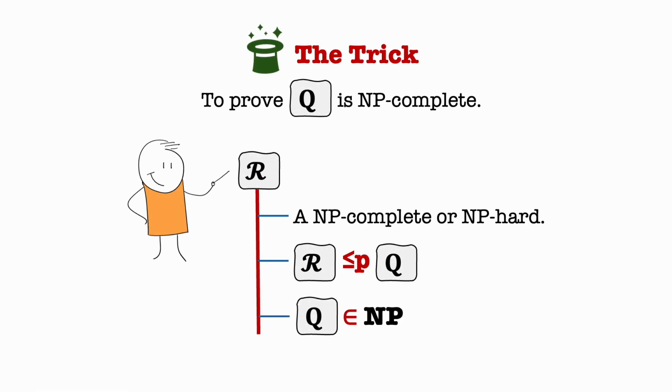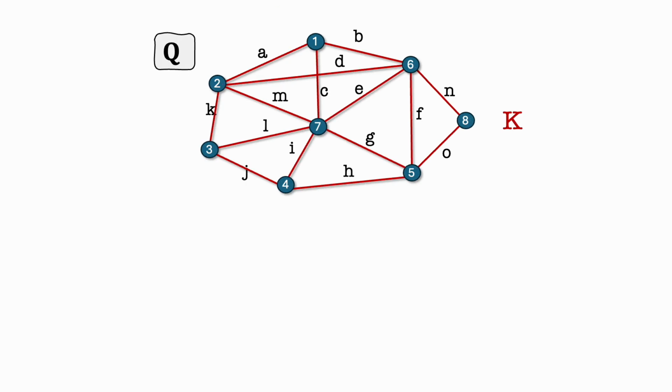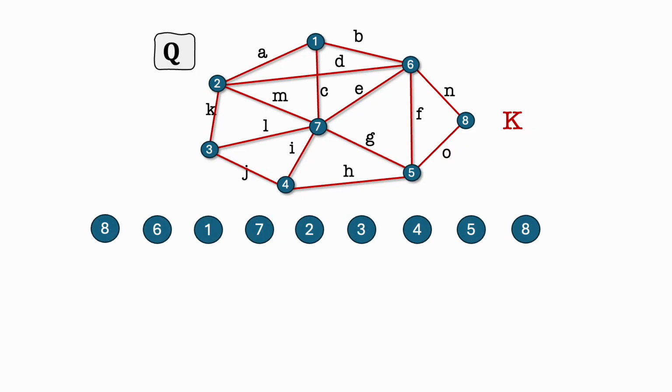Now, following the trick we discussed in the last video, our first step is to prove that this decision problem belongs to the NP class. To show that Q is in NP, we need to demonstrate that any yes instance of the problem can be verified in polynomial time given a certificate. The certificate is nothing but a proposed solution, an ordered list of the n customer locations. This ordered list represents the proposed tour.